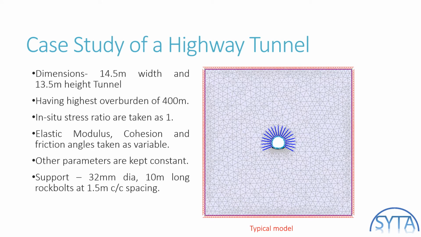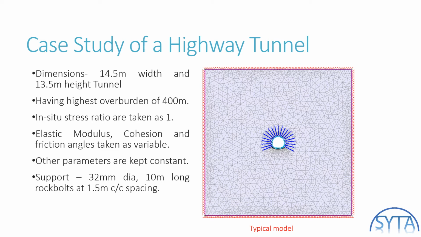So here we have taken a case study of a highway tunnel which has a width of 14.5 meters and a height of 13.5 meters and a highest overburden of 400 meters. Here we have assumed hydrostatic conditions with the in situ stress ratio as 1, and for the variables, we have taken three very important parameters: elastic modulus, cohesion, and friction angle.